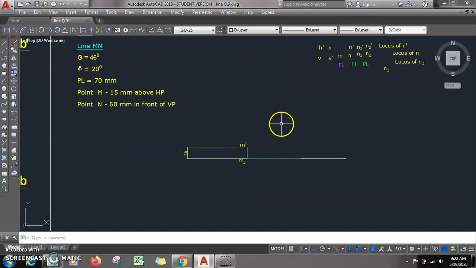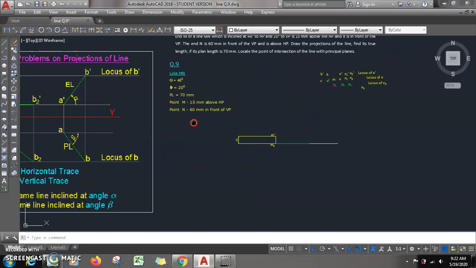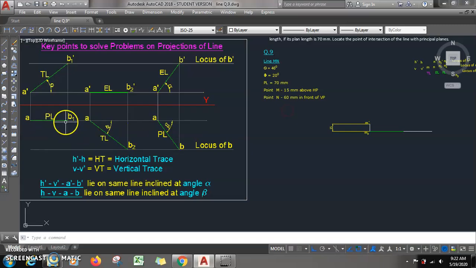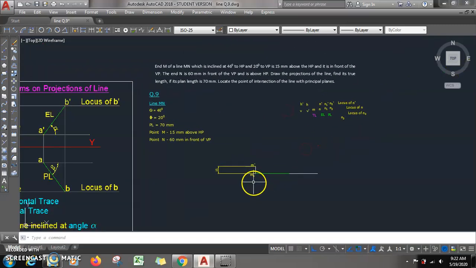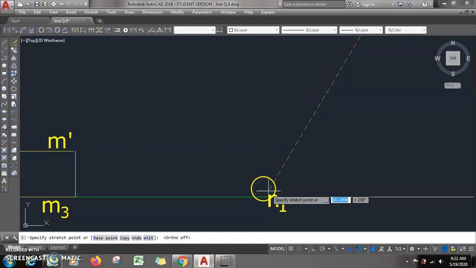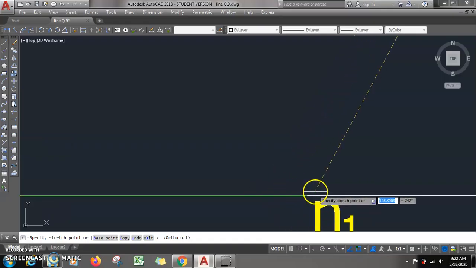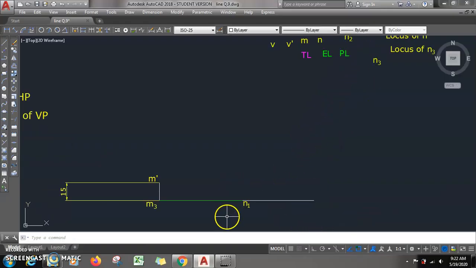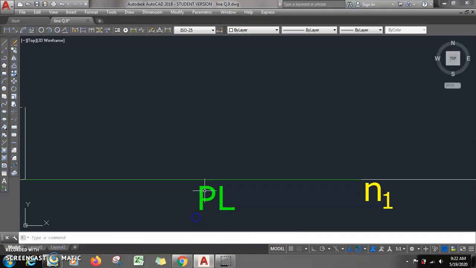This point is m3 and this point is called n1. This length is the plan length.